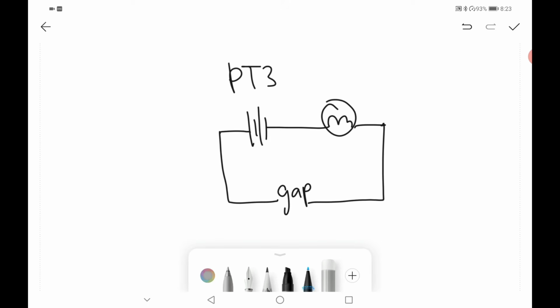Normally for the gap, they put in a switch. You must make sure the switch is closed. Only when the whole thing is closed can the electric flow, and only then will the bulb light up.